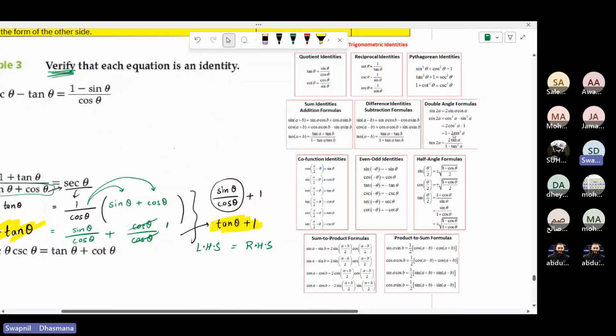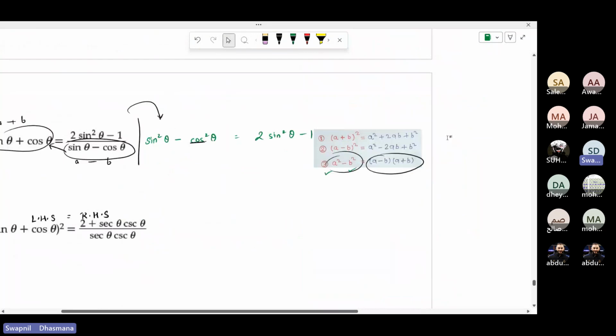Here you have 2 sine square theta, but it's not minus 1, it's 1 minus. So you can take a minus common. When you take a minus common, everything inside becomes the opposite sign. Same here, you can take minus common, which I will do in the next step.